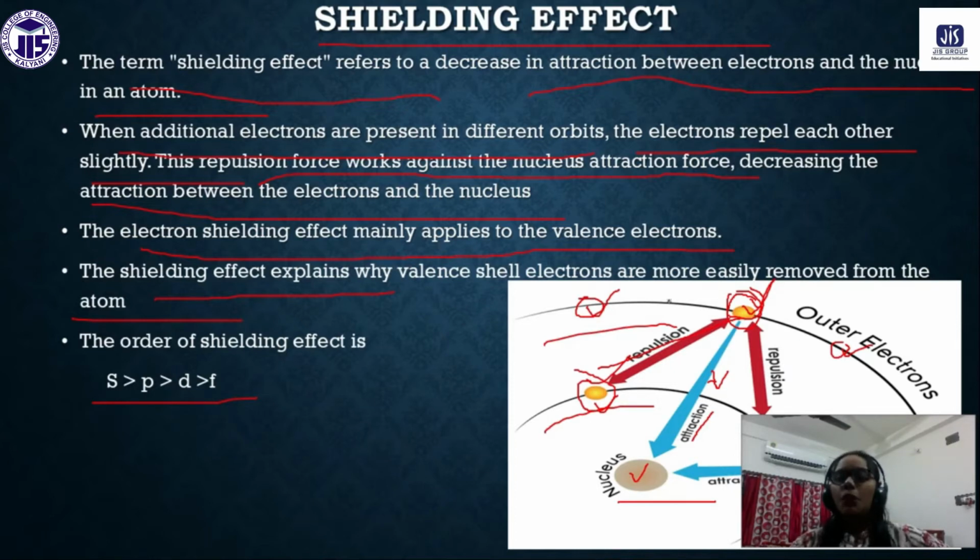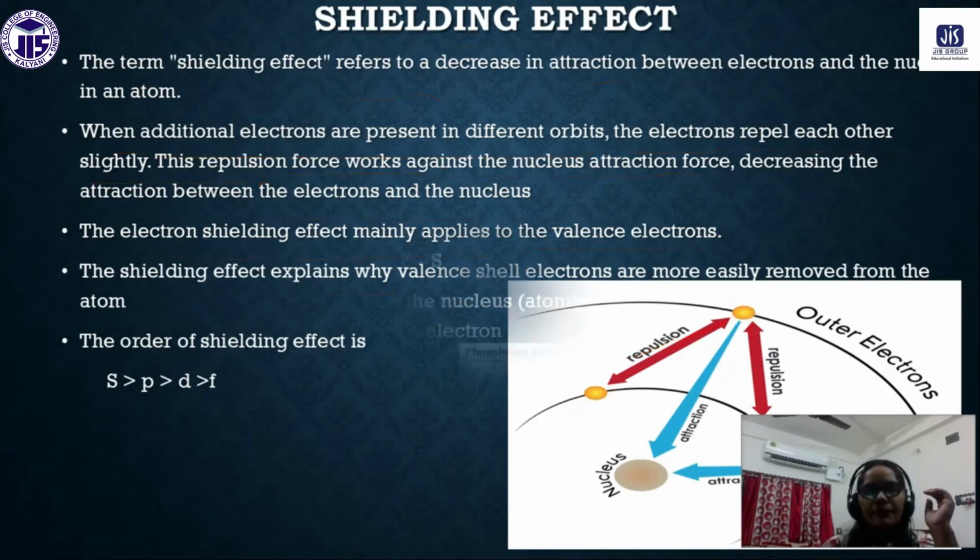Same-orbital electrons have the same effect, and this is called the shielding effect. The order is that s orbital electrons have a higher shielding effect than p orbital electrons, then d orbital, and then f orbital electrons. So this is all about the shielding effect.